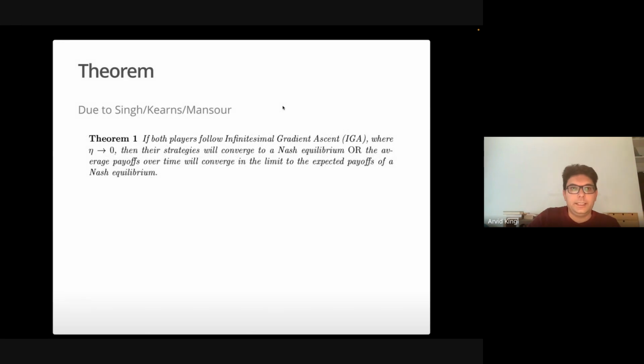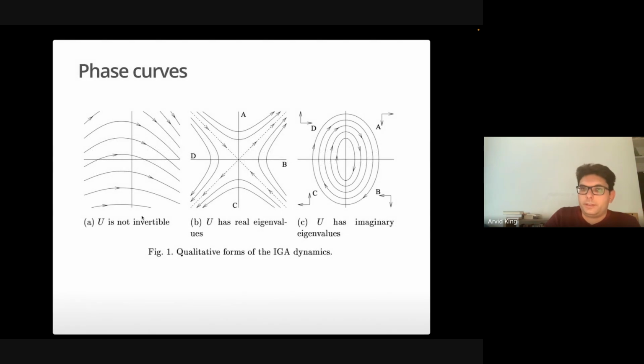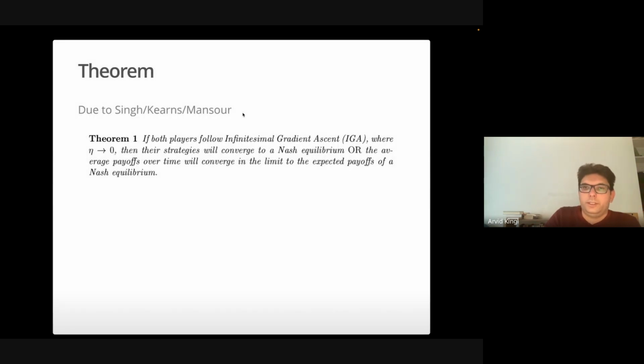Now there is a theorem from another paper, where they were actually the first to build up this IGA algorithm and analyze it. They say, for all intents and purposes, either you have converged to a Nash equilibrium, or your average payoff over time will converge to the expected payoff of a Nash equilibrium. Why is that?